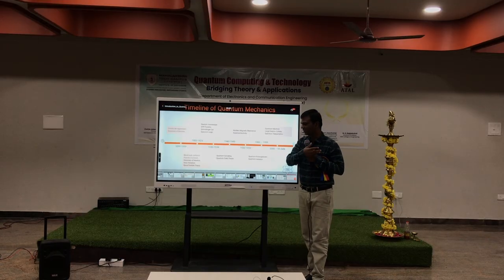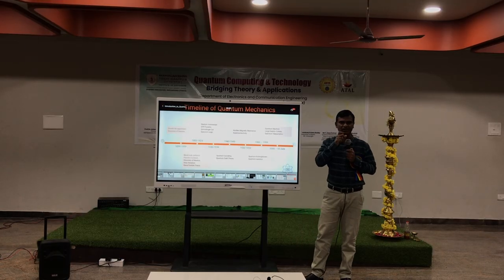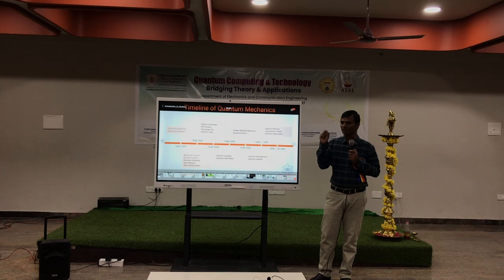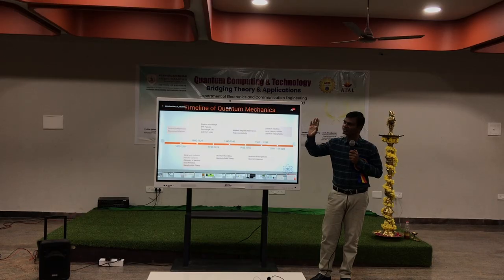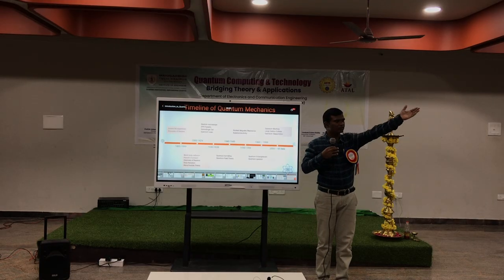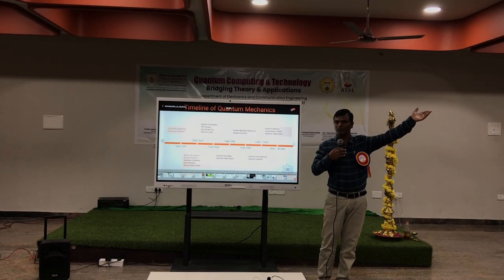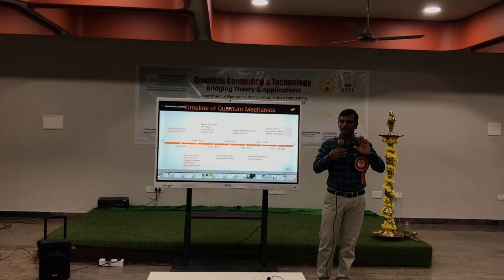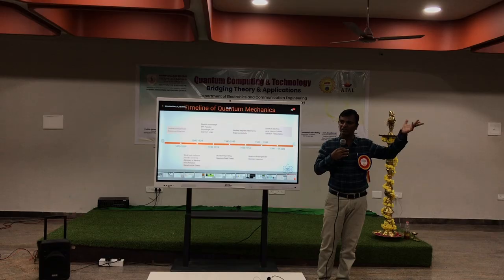Quantum tunneling: what I have told you is that if you throw a ball at a barrier, it will come back. But when you throw a small subatomic particle, it will go through to the outside. Think about it: if you shout from here and somebody staying outside the room can hear your sound, that means even though there is a barrier, they can hear.